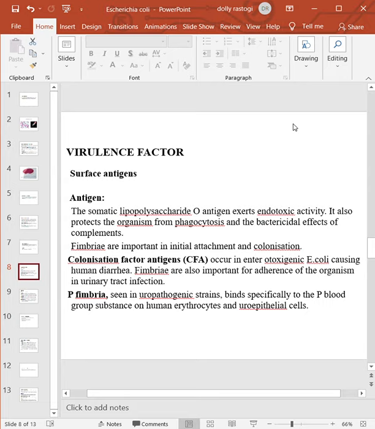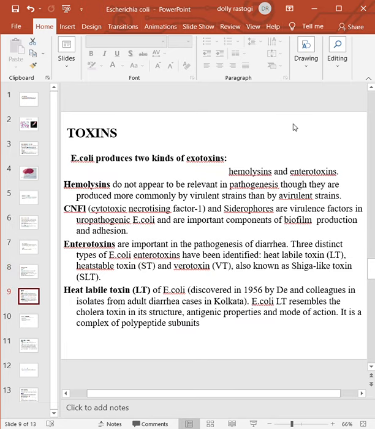The P fimbria, which is seen in uropathogenic strains, binds specifically to the P blood group substance on human erythrocytes and the uroepithelial cells. Two kinds of exotoxins are produced by E. coli, that is the hemolysins and the enterotoxins.